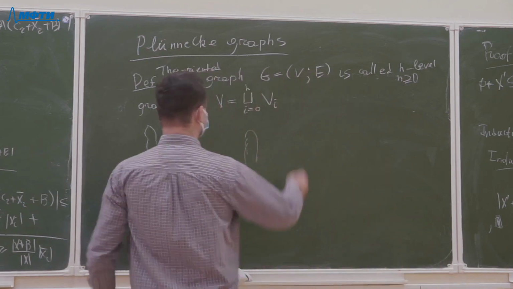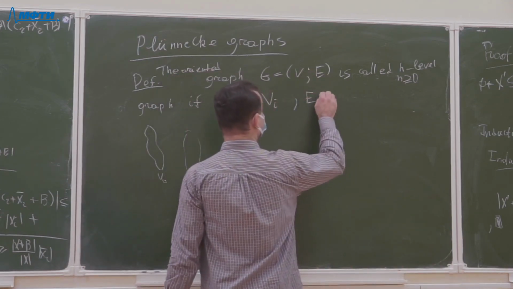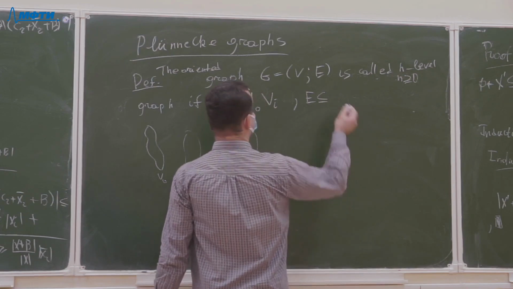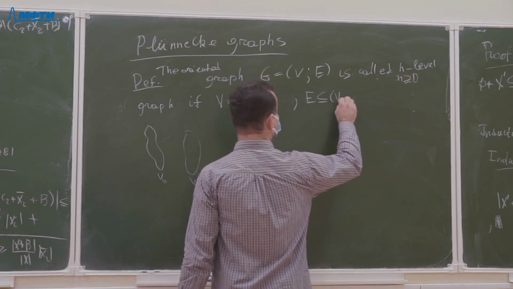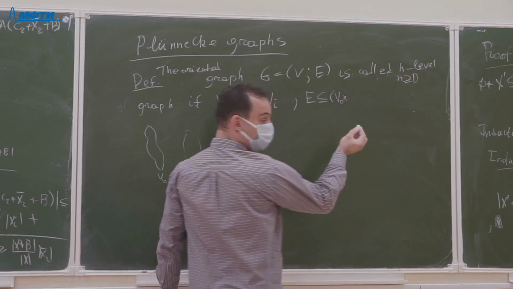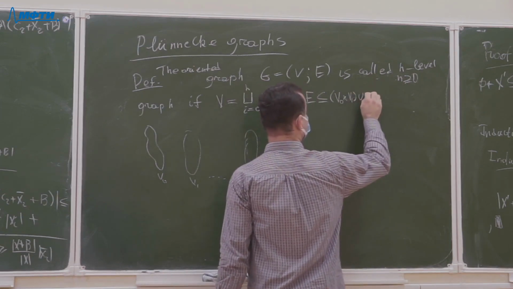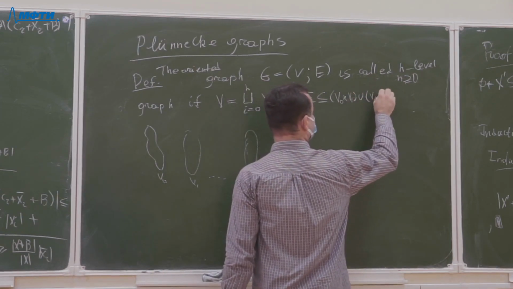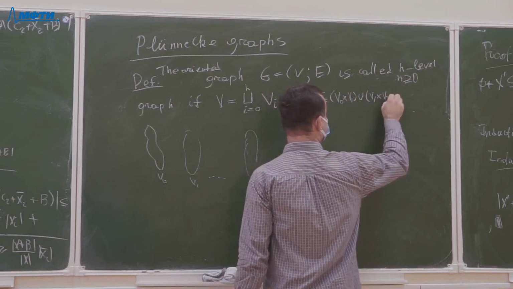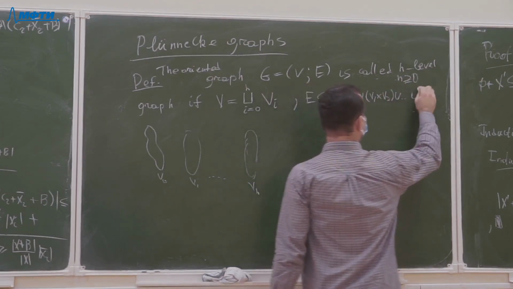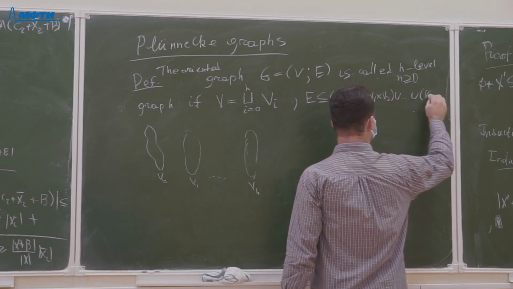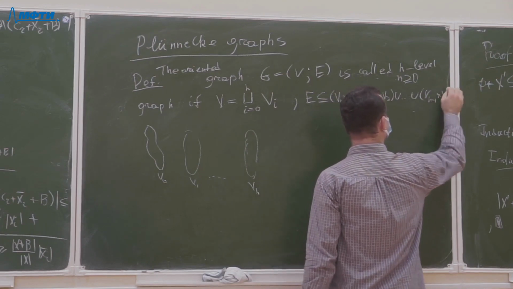And E is a subset of V0 times V1 union V1 times V2, and so on, up to V(H minus 1) times VH.